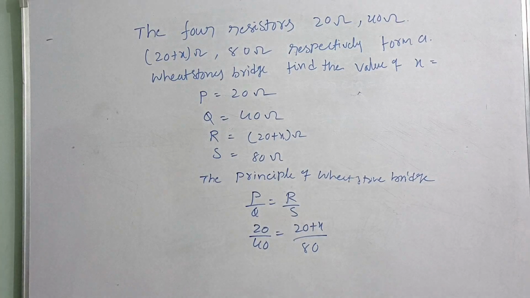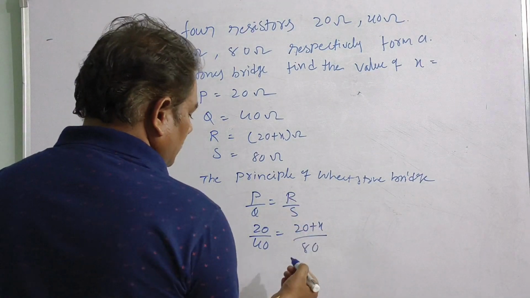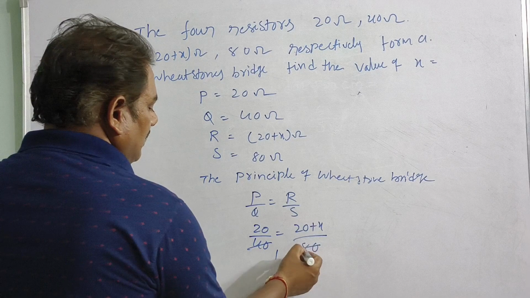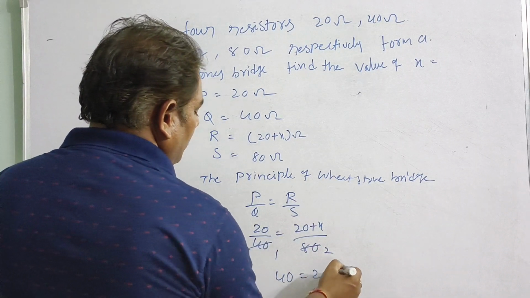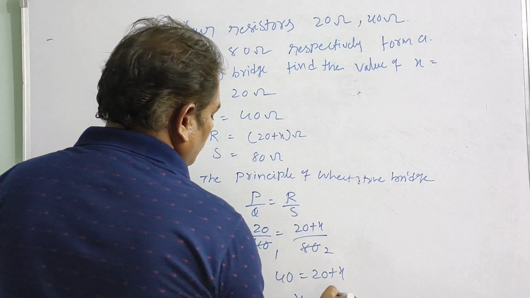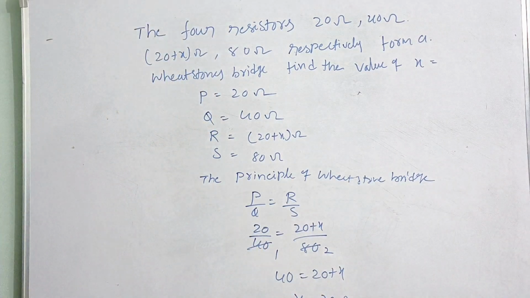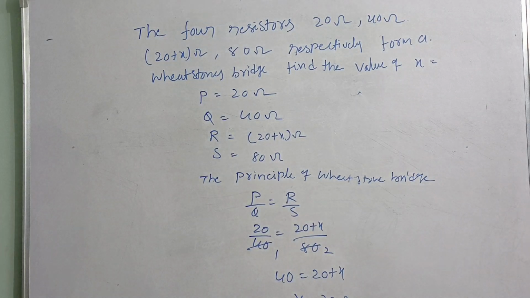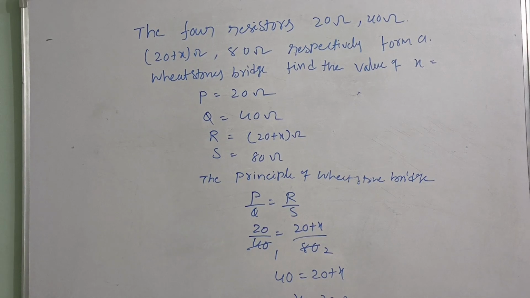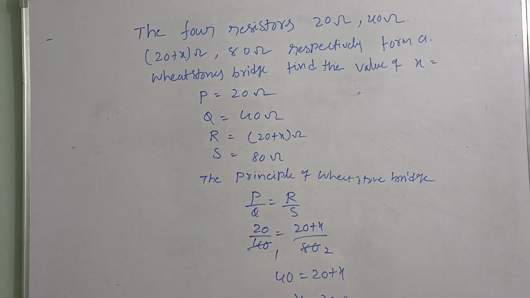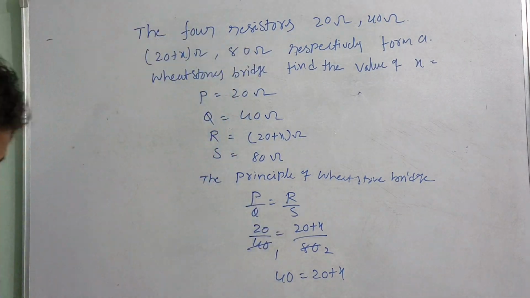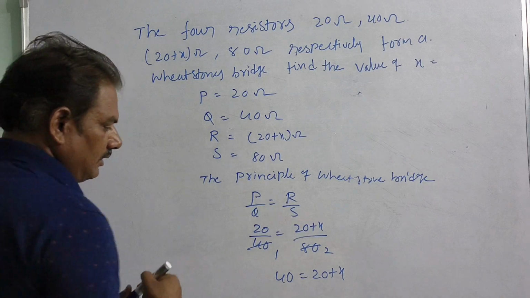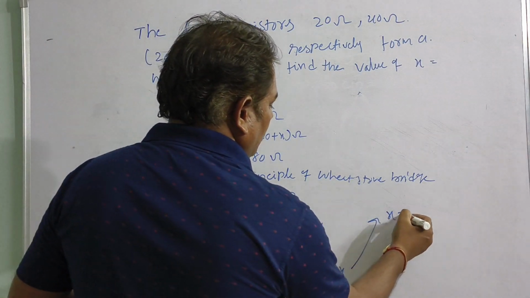That gives 20 plus X equal to 40, so X equals 20. The X value is equal to 20.